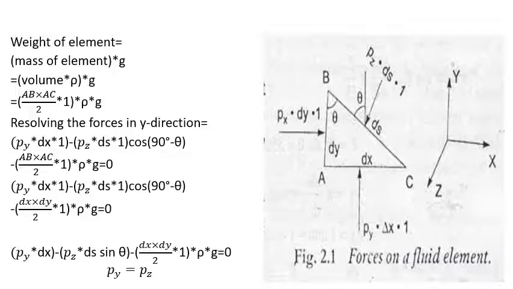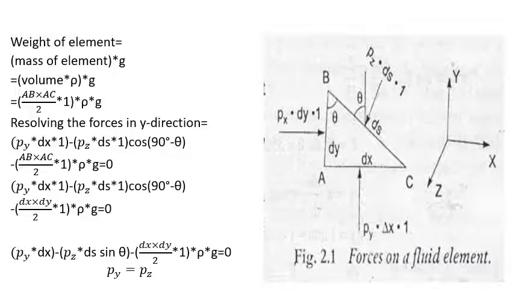That is equal to P of y into dx into 1 minus P of z ds into 1 cos of 90 degree minus theta, minus the weight of the element.